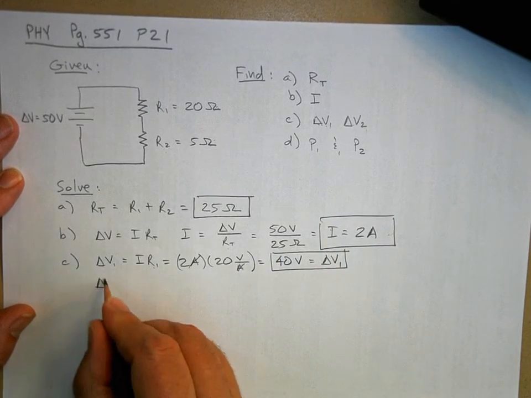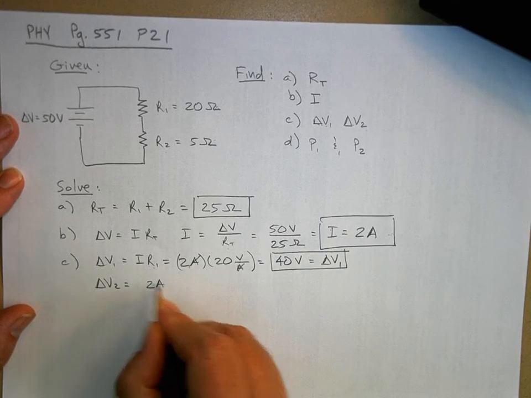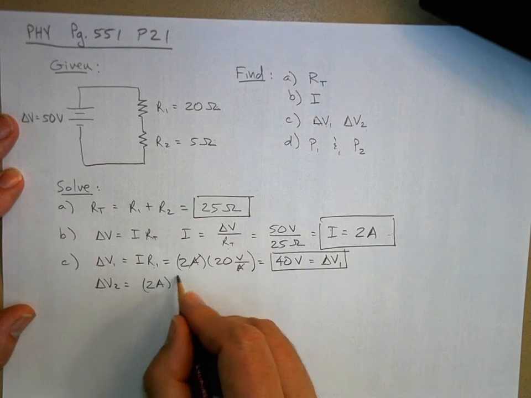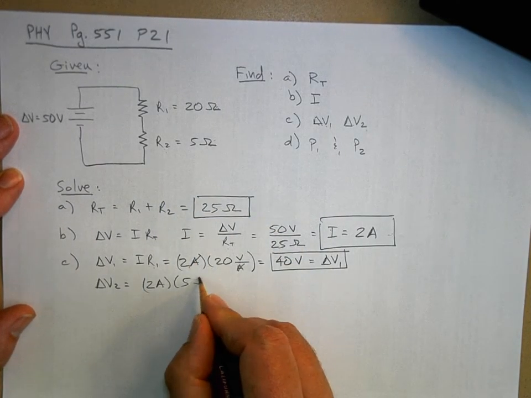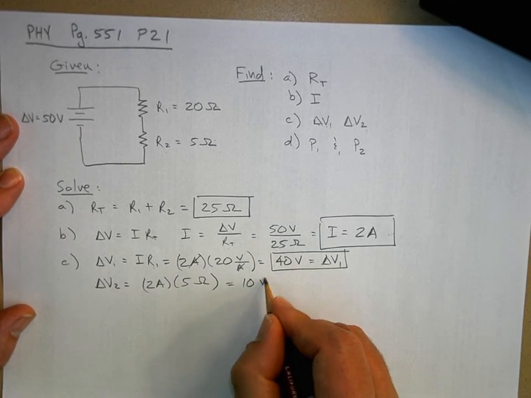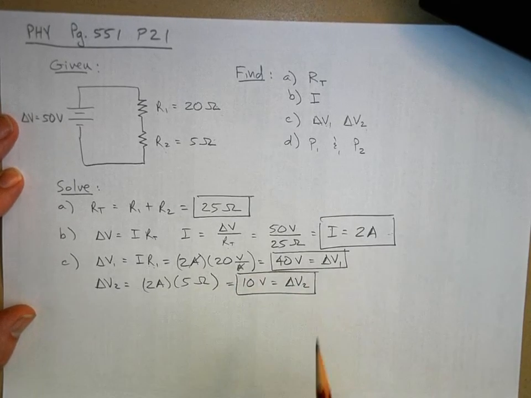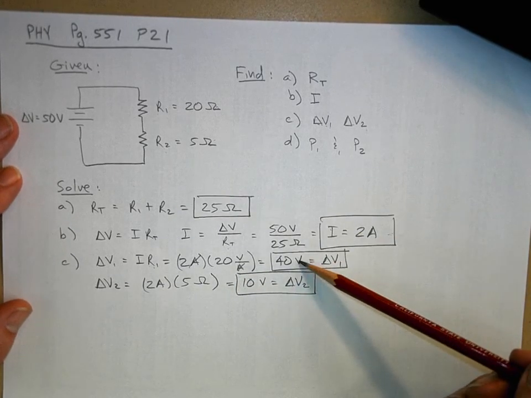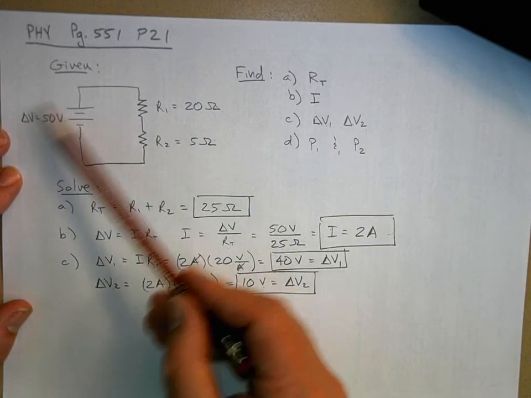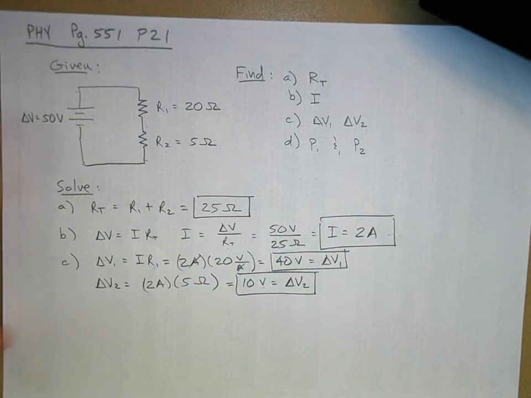Then delta V2 is equal to I R2, which is 2 amps times R2, which is 5 ohms. That's going to be 10 volts, which is delta V2. And look, 40 volts plus 10 volts gives me 50 volts. So the voltage gain is indeed equal to the voltage drops. What does that mean? It means I did it right. Yay for me.